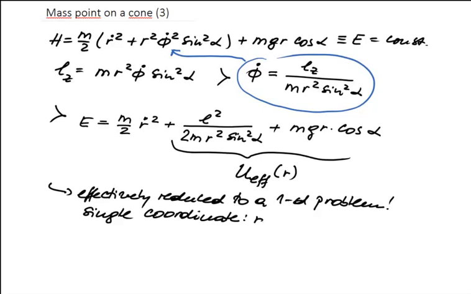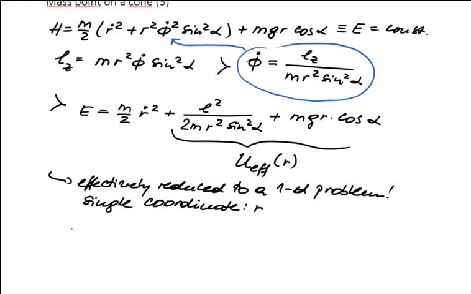We can illustrate this graphically as we did in the Newtonian case. We can draw, as a function of r, this effective potential, U effective of r. You see there are two contributions to this effective potential. One goes like 1 over r squared. The other goes like r.